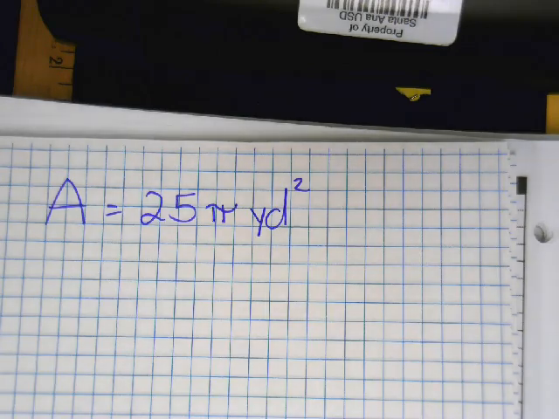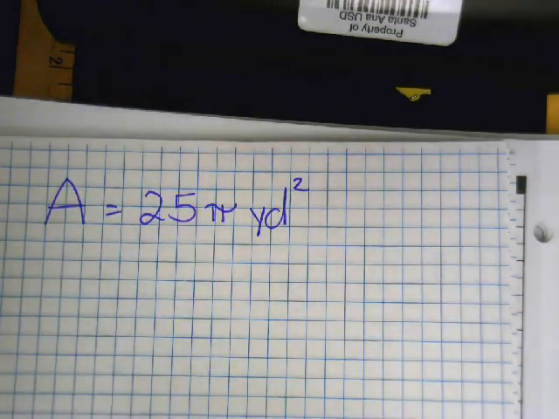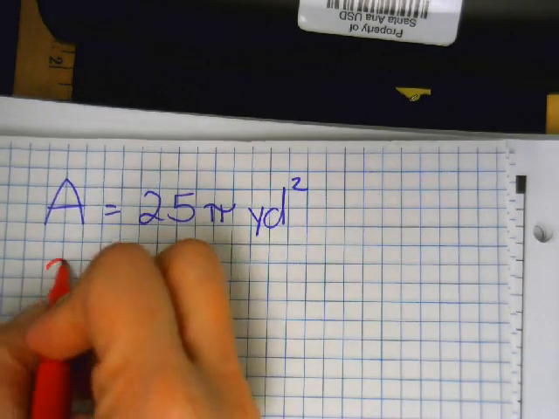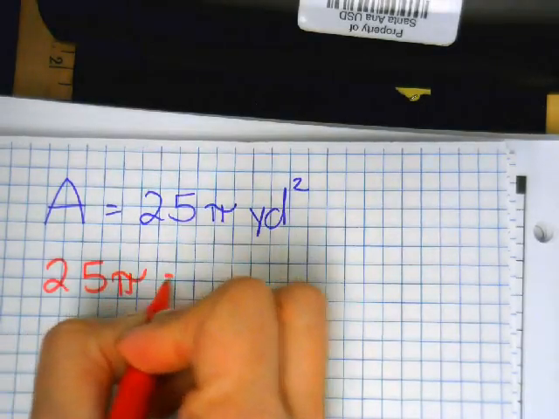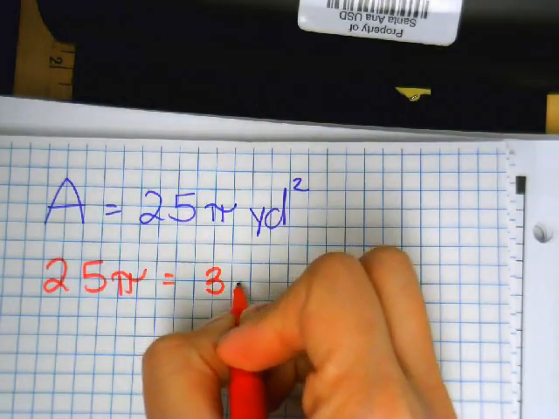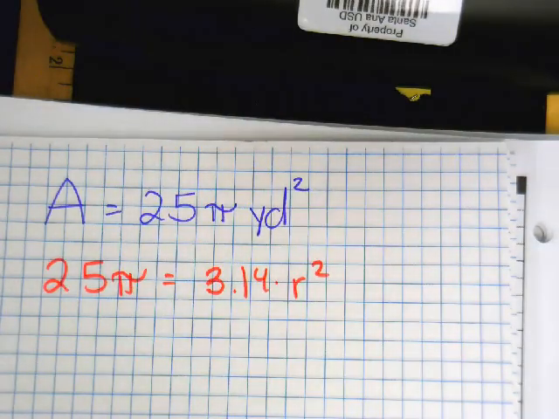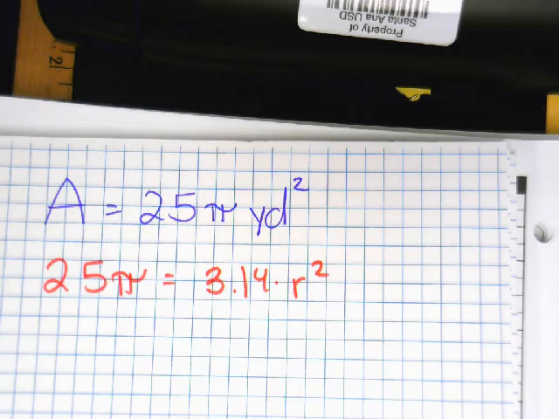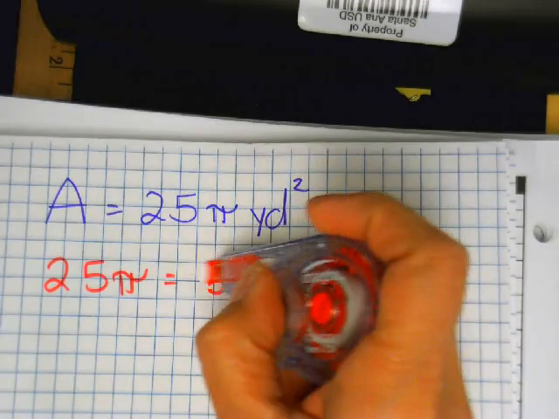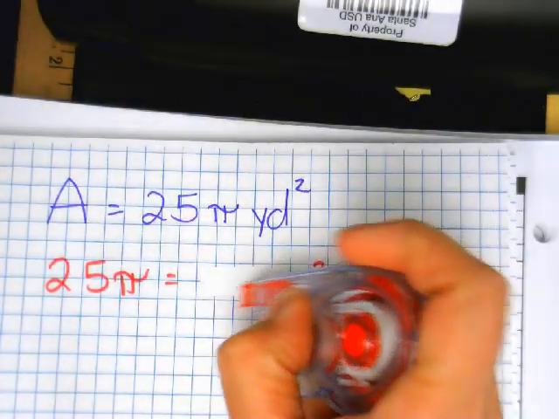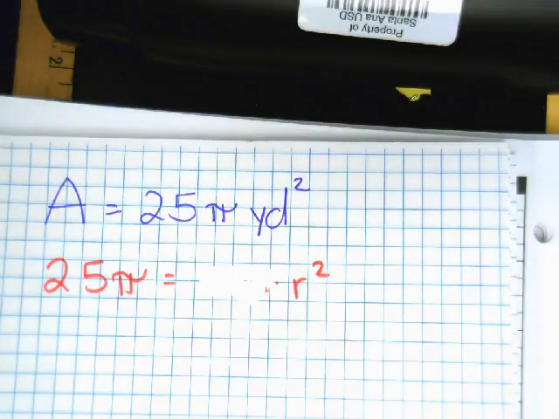You know that 25 pi is equal to 3.14 times r squared. I don't love that. Instead of writing 3.14, I should write pi.